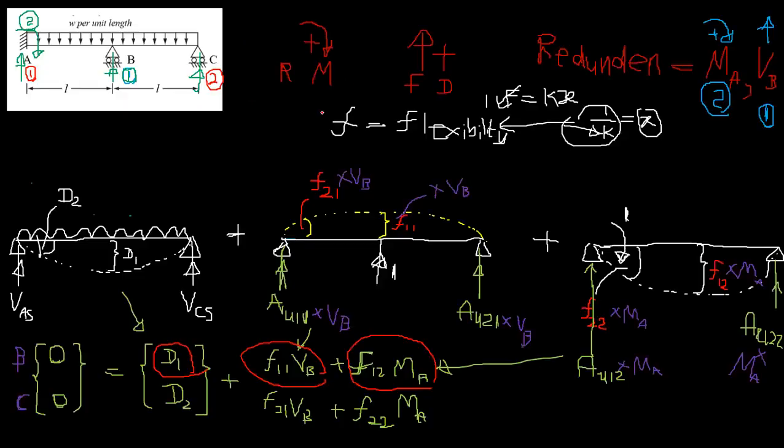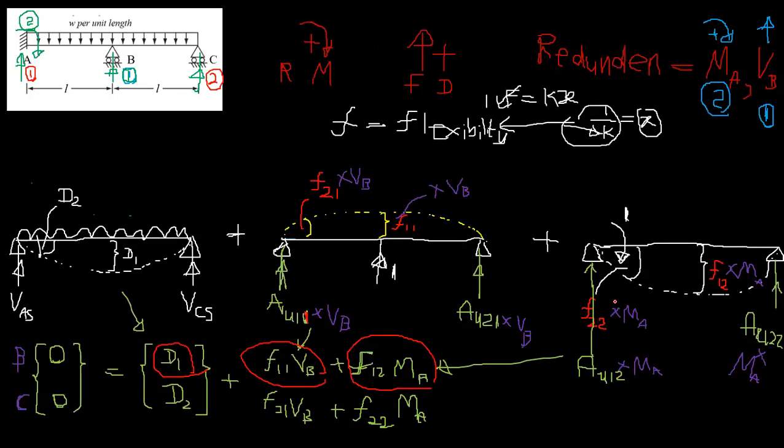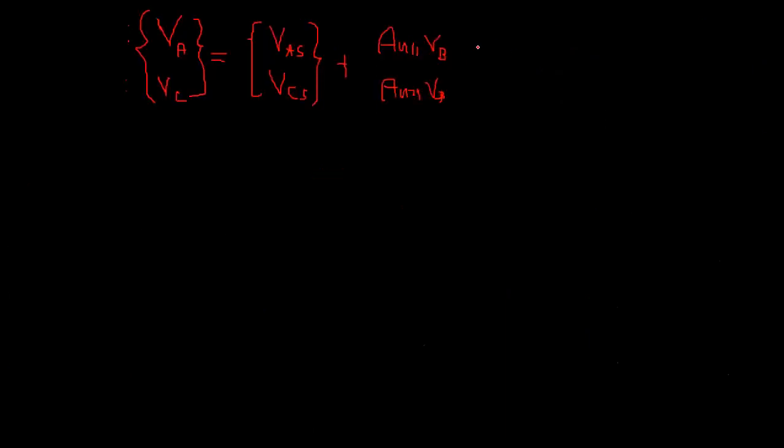And here you have AU11 into VB and AU21 into VB. Here you have at A, AU12 into MA.